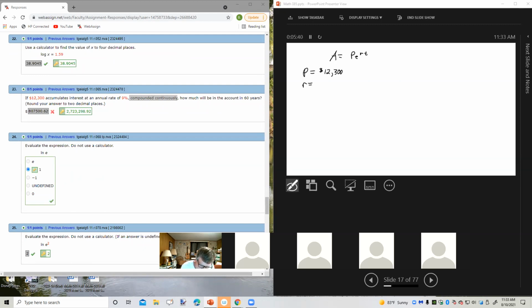The annual rate is 9% or 0.09. Time is 60 years. So the final amount, A equals 12,300 times e raised to the 0.09 times 60 years. Again, we can predetermine 0.09 times 60 and use that, but we can just put parentheses and a multiplier and do it as it is.